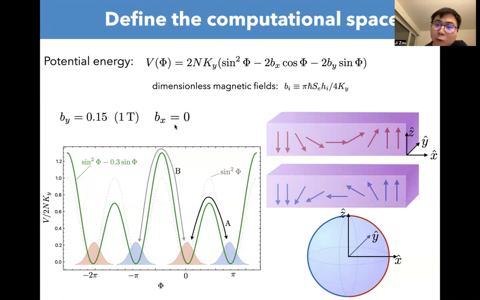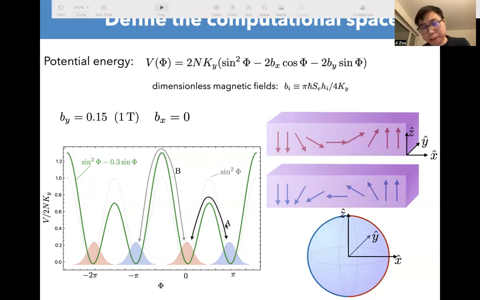For this reason, we would only focus on one tunneling double well potential and neglect process B.